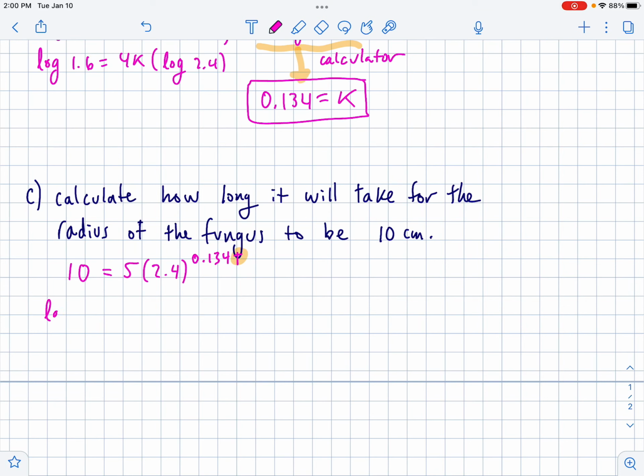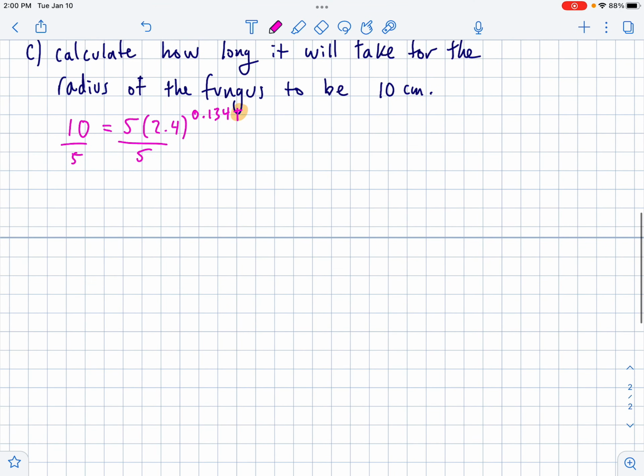So we're going to log both sides. Actually, let's not start by logging both sides. Let's divide off that 5. You could start by logging both sides, but let's divide off the 5 to get 2 is equal to 2.4 to the 0.134 t.